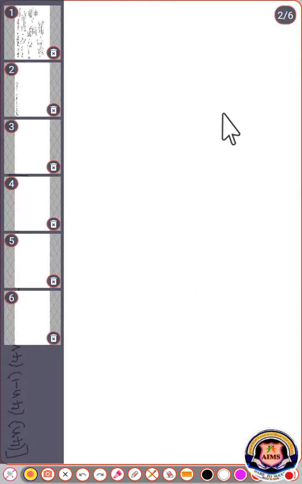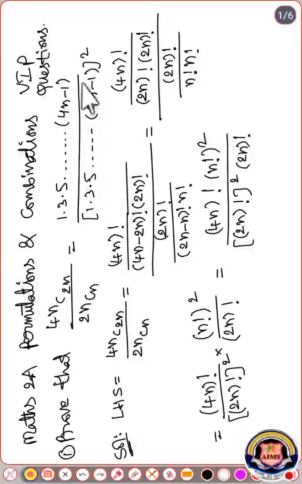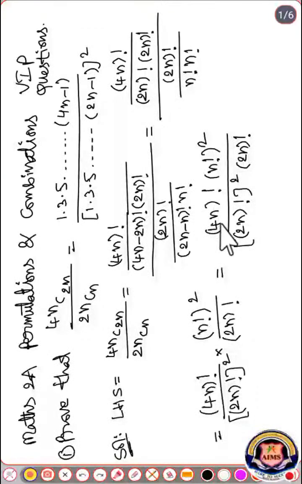If you have any doubt, you can check it once. 4n factorial decreases 1 number each time: 4n minus 1, 4n minus 2, 4n minus 3 and so on, last up to 4, 3, 2, 1. After that this part will be the same and you can expand this part only.